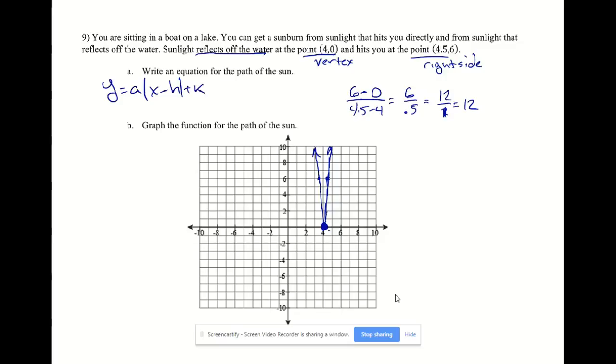Our vertex gives us our h and our k. So we have y equals, and this is our slope, and it's also our a value, 12 absolute value x minus h, so minus 4. And we have a 0 for k, so plus 0. And there's the equation of our graph. Pause if you need to. And we're moving on.